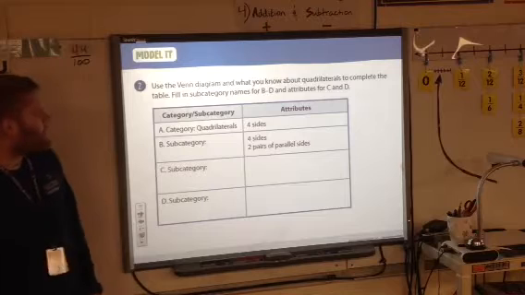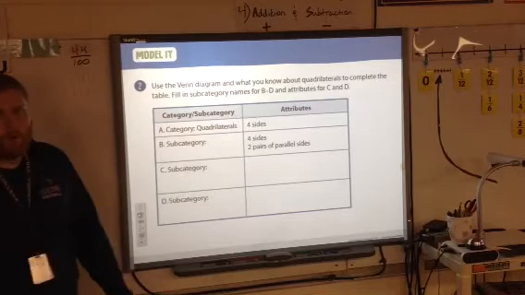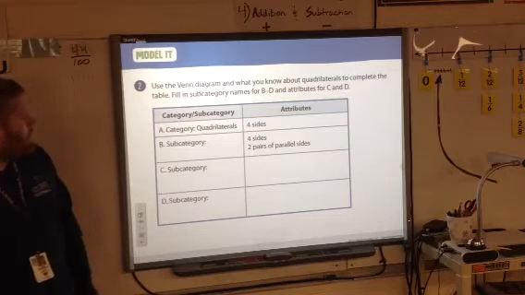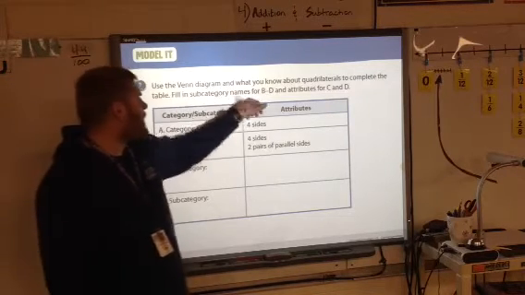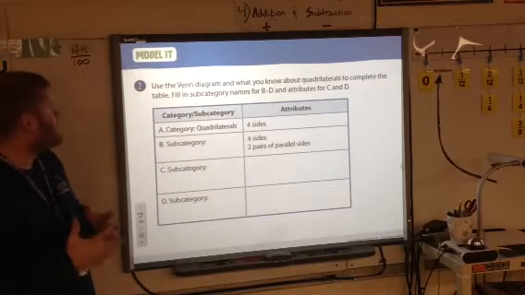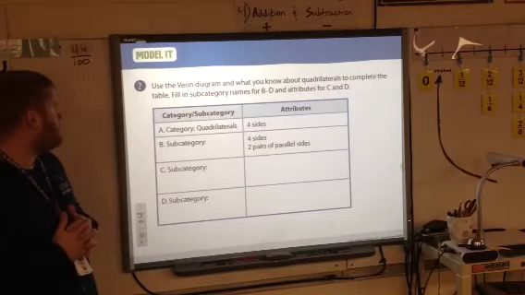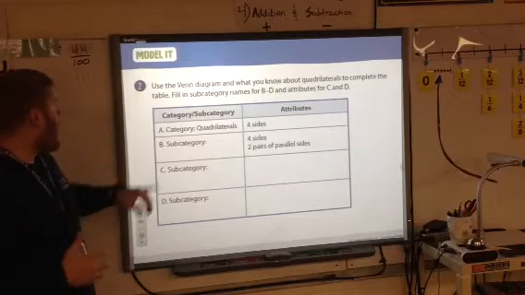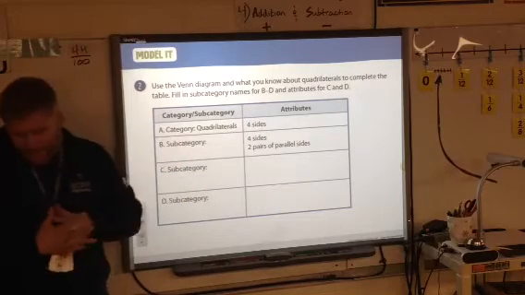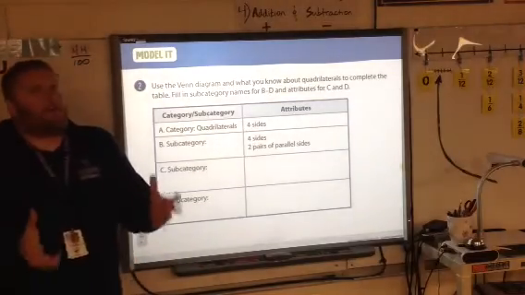It's a continuation, much the same as what we just did, just a different visual way of representing it. Instead of a Venn diagram, we're doing it in list form. It says use the Venn diagram and what you know about the quadrilaterals to complete the table. Fill in subcategory names for B through D and attributes for C through D. In category A, most broad, we have quadrilaterals, and the attribute is any polygon with 4 sides.